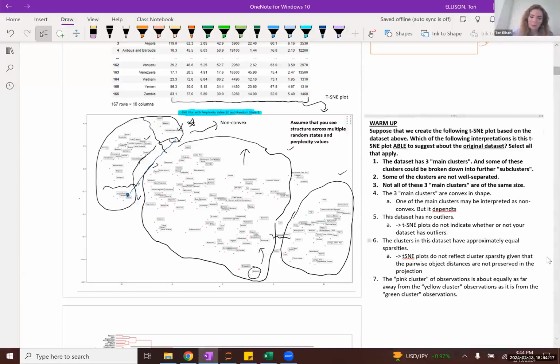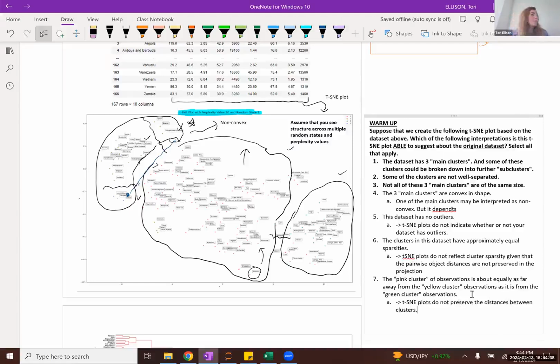But for all we know, this yellow cluster could in fact be a lot further away from these clusters here. So this is not an interpretation that we can faithfully make. TSNE plots do not preserve the distances between clusters.